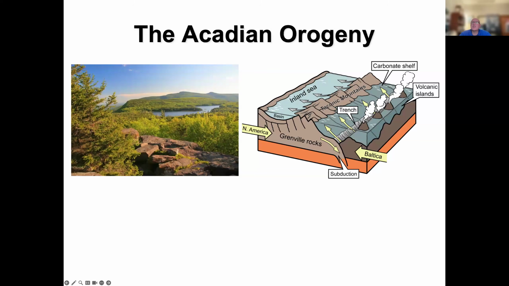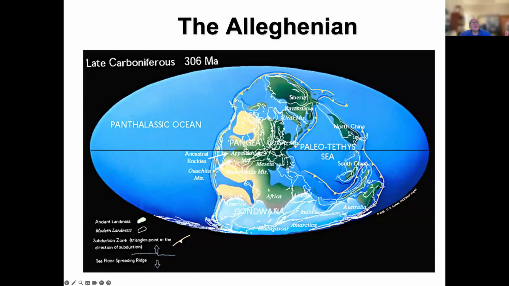So a lot of the Catskills are formed from sediments that eventually became rocks from the breakdown of these old mountains associated with the Acadian orogeny. And that's what that picture in the upper left is. All right. Just another picture of where the continents were around 300 million years ago.